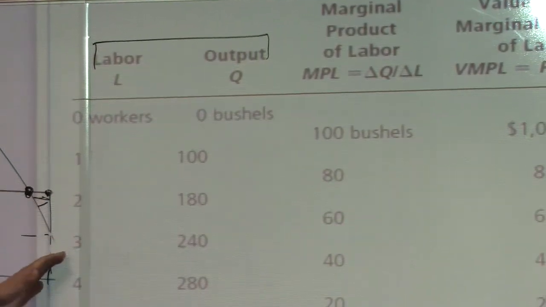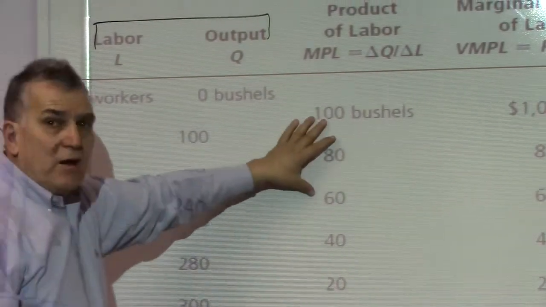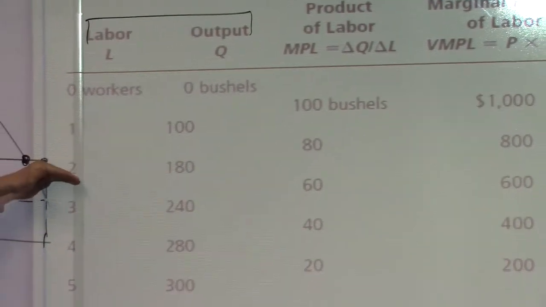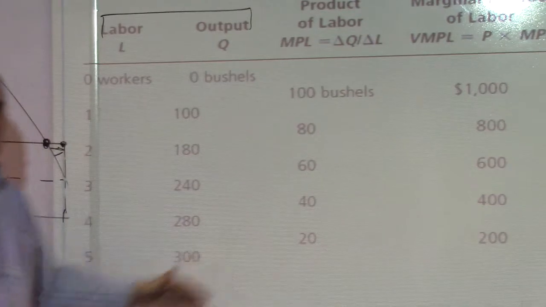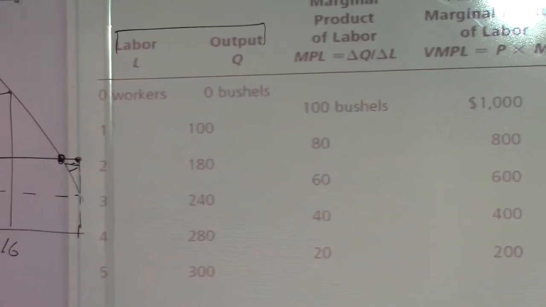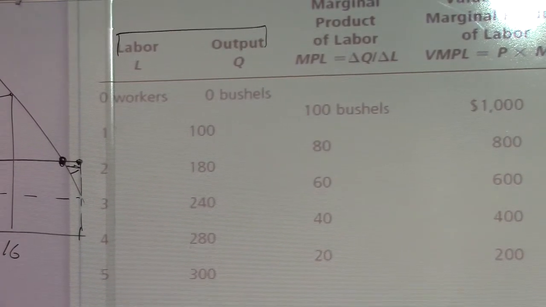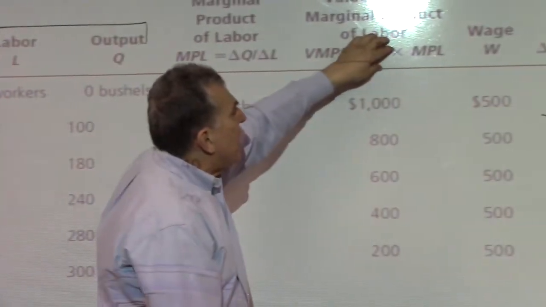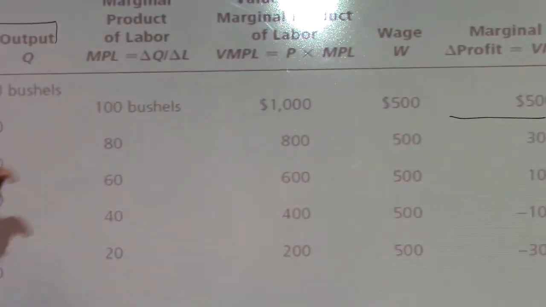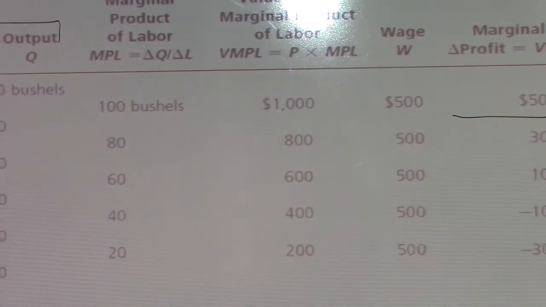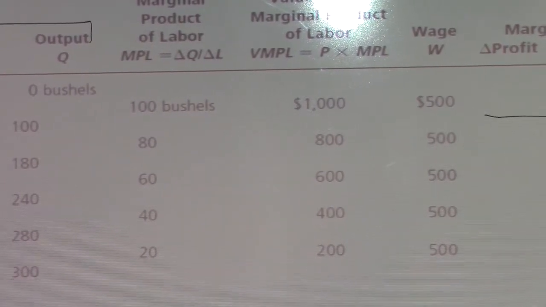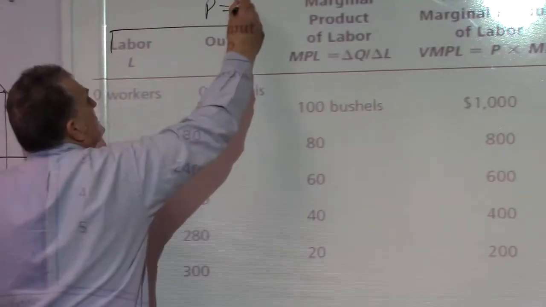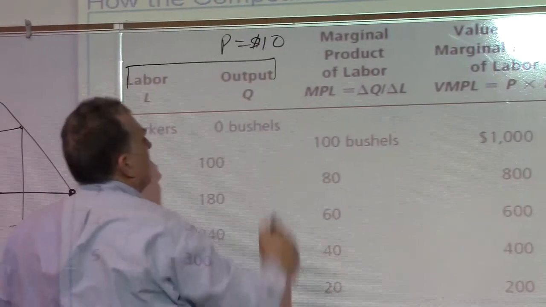From the production function, we calculate the marginal product of labor, which tells us for each additional worker how many additional bushels of apples each one produces. Okay? The value of the marginal product, here's the marginal product, then is the price of the apples times this marginal product. In this example, the price of the output, Q, is $10 per bushel.